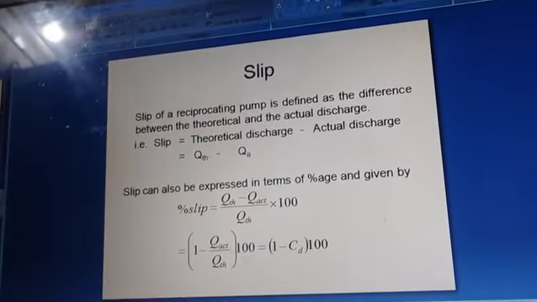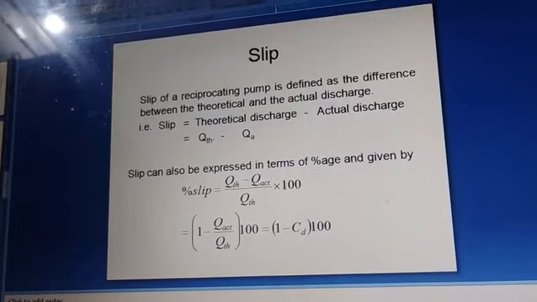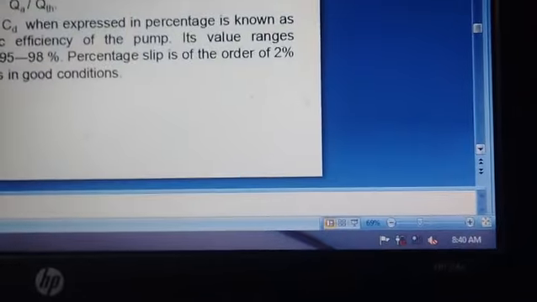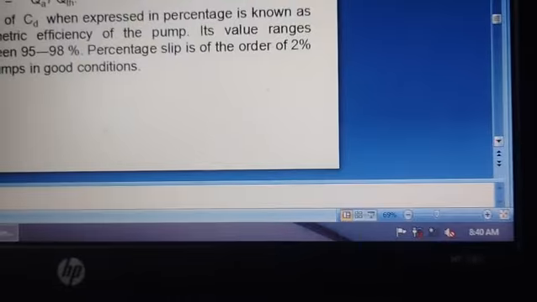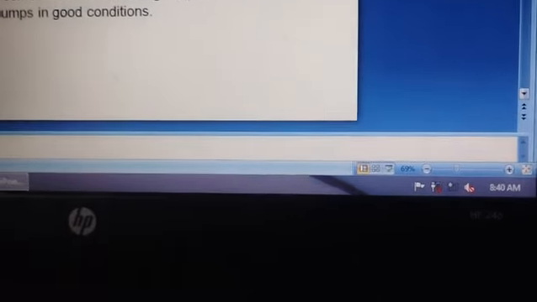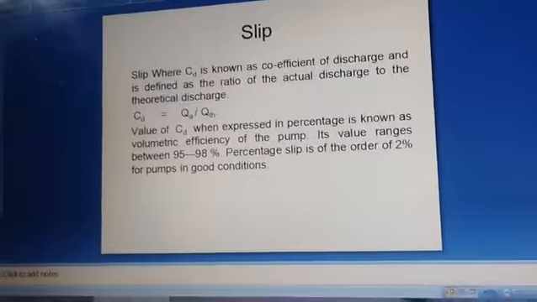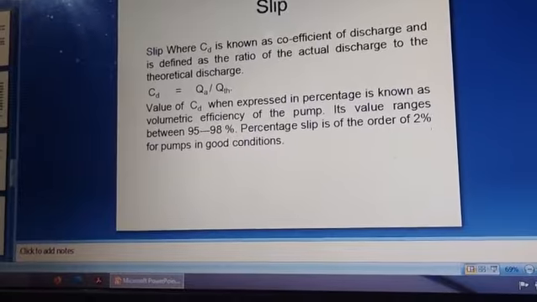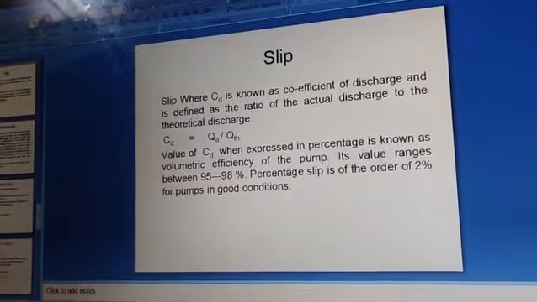By using this formula, we can find out the slip of the reciprocating pump. CD is known as the coefficient of discharge and is defined as the ratio of actual discharge to theoretical discharge. Therefore, the coefficient of discharge CD equals Q actual by Q theoretical.